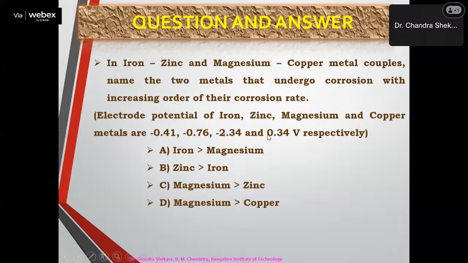In magnesium copper, the difference in potential is 2.68 volt. Therefore, when magnesium is in contact with copper, magnesium undergoes corrosion at very fast rate. Therefore, here magnesium and zinc metal are the two metals which undergo corrosion, and the rate of corrosion of magnesium metal is greater than zinc metal.